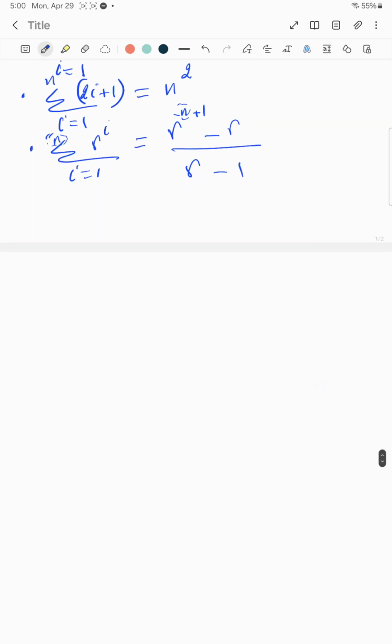The problem that I will be solving is the sum i equal 1 to 25 of 1/2 plus 5 times 1 over 4 to the power of i.